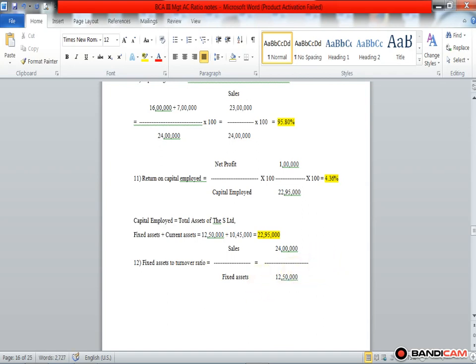So we get a fixed asset to turnover ratio of 2 times. So here we calculate all the ratios.